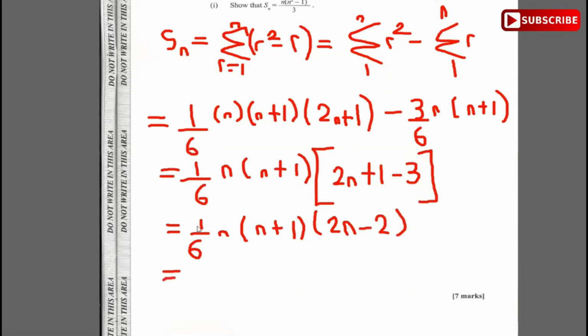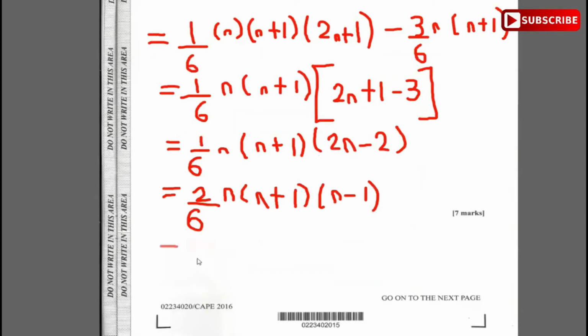Factoring out this 2, you get 2 over 6 of n times n plus 1 times n minus 1. All I did was factor out the 2 out of 2n minus 2. Now 2 over 6 is just 1 over 3. So you get 1 over 3 n. Then n plus 1 times n minus 1 is n squared minus 1.